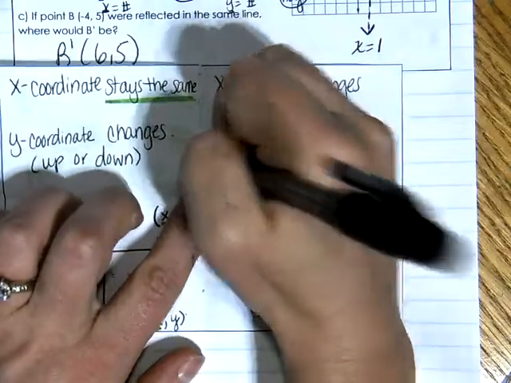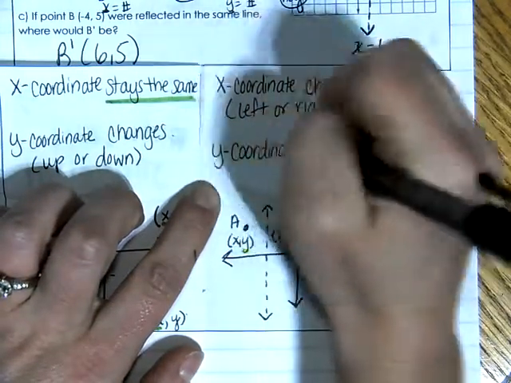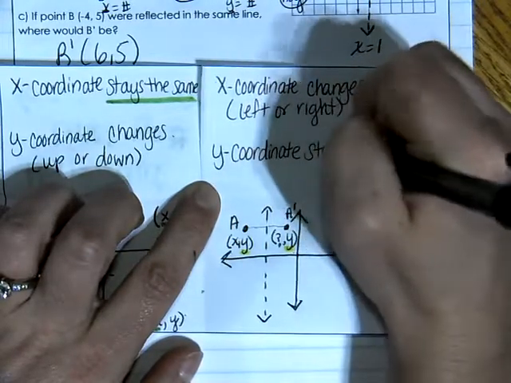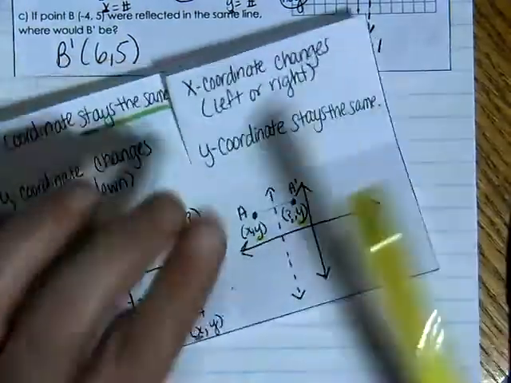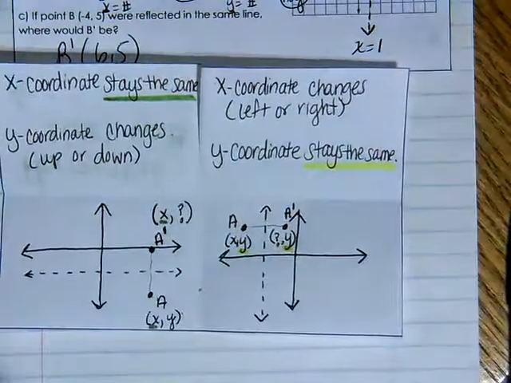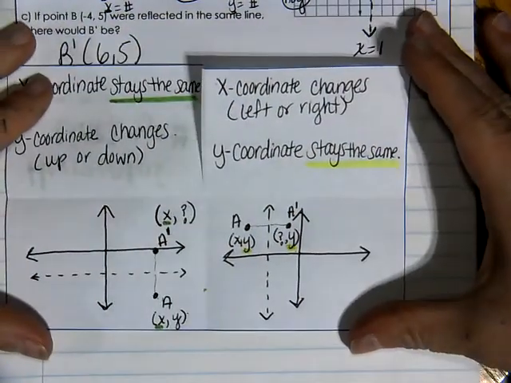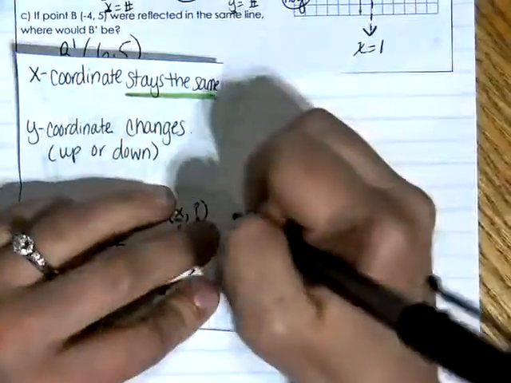But the y coordinate stays the same, and that's because there was no movement up or down. All right, that was for vertical lines.